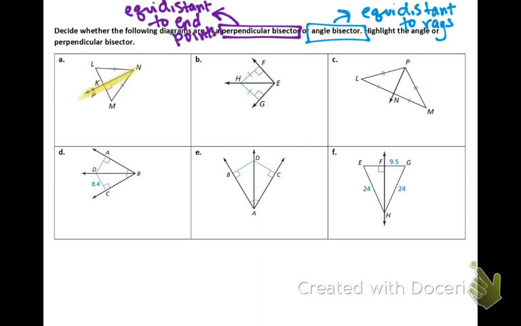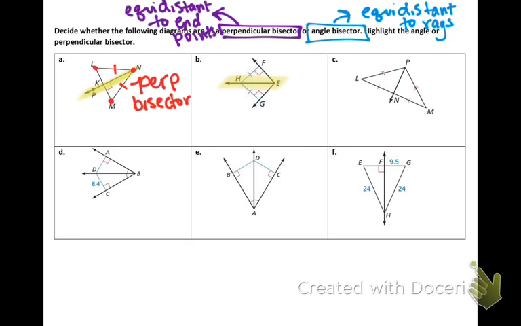Alright, so in our first picture, we have point N on the bisector. It is equidistant to what appears to be endpoints. So this is a perpendicular bisector. Letter B, this is the bisector.